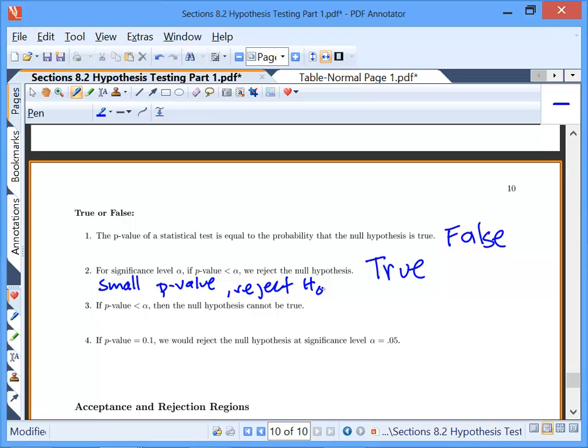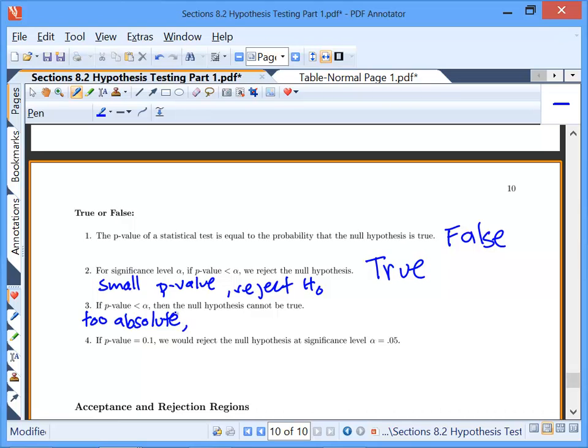What are your thoughts on that one? Too absolute. It is too absolute. What was our conclusion when we rejected the null hypothesis? What did we say?